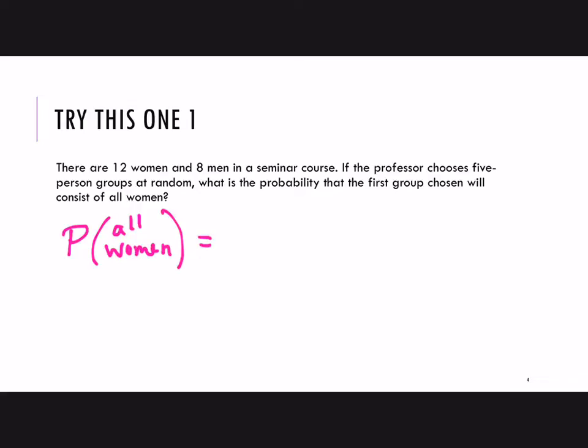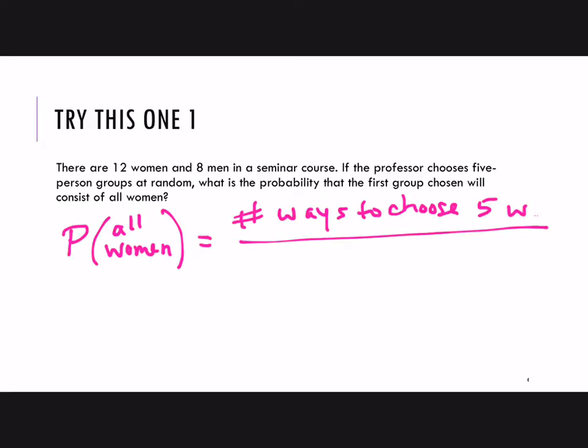That would be the number of ways to choose all women. This is a 5-person group, so in other words, the number of ways to choose 5 women, divided by the sample space, or in other words, the number of ways to choose 5-person groups.